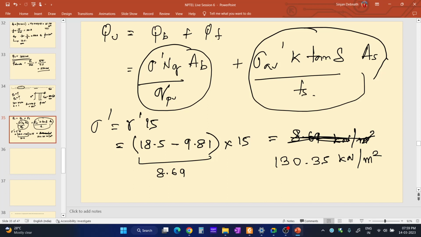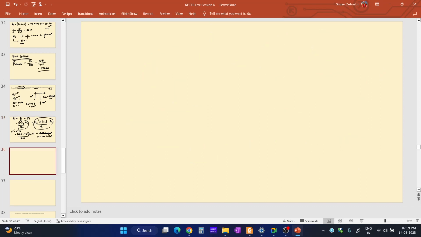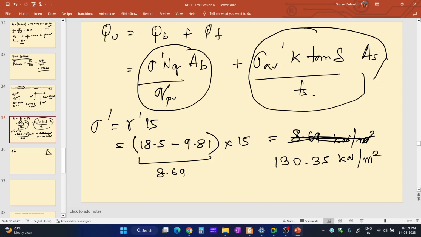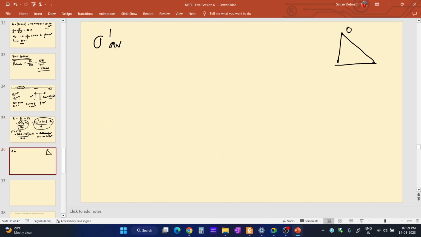And what is the value of sigma dash AV? Sigma dash AV, similar case, it is increasing linearly to the base of the pile. Effective overburden pressure is 130.35.